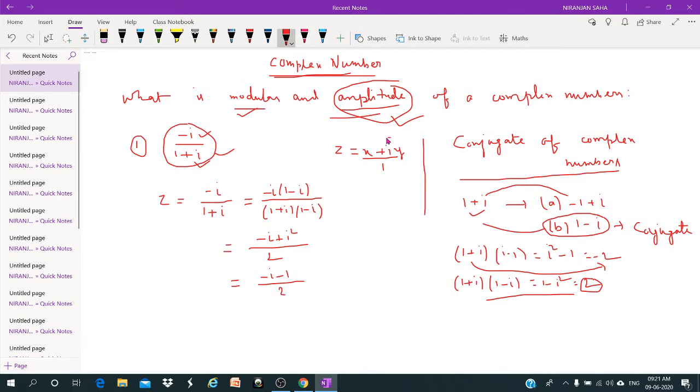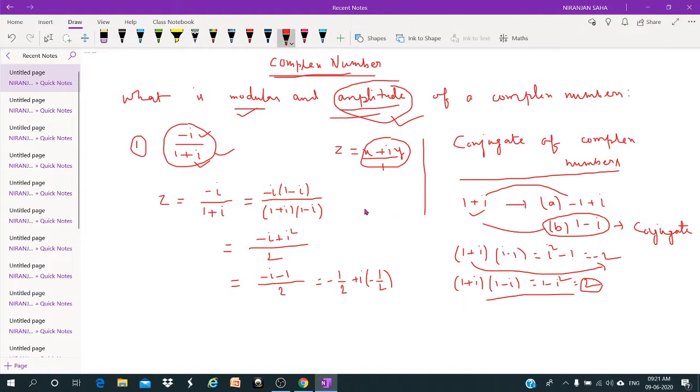So we transform this into the form x plus iota y: minus half plus iota times minus half. Now it is expressed in the form x plus iota y.